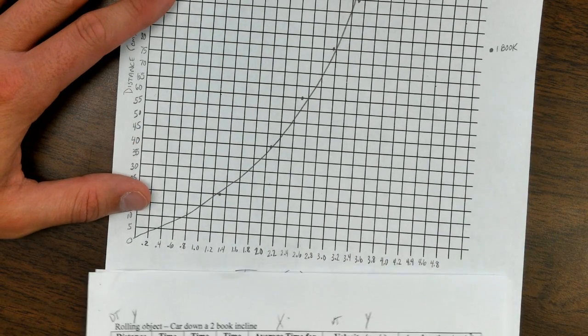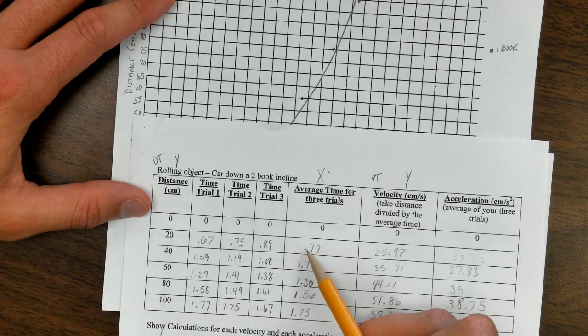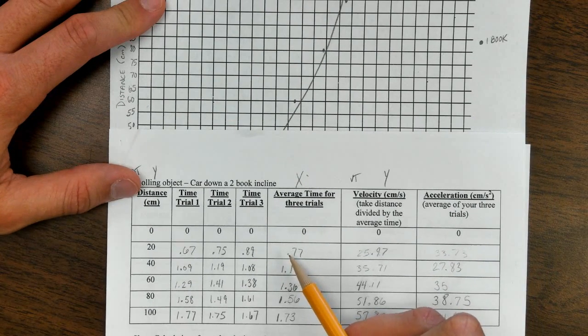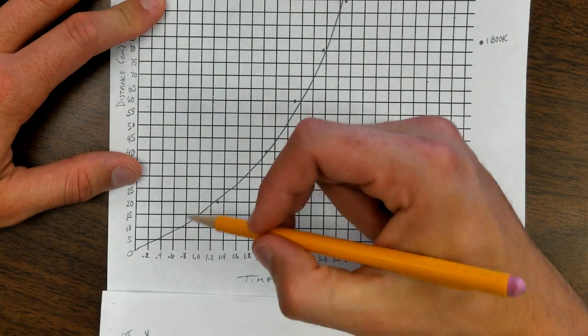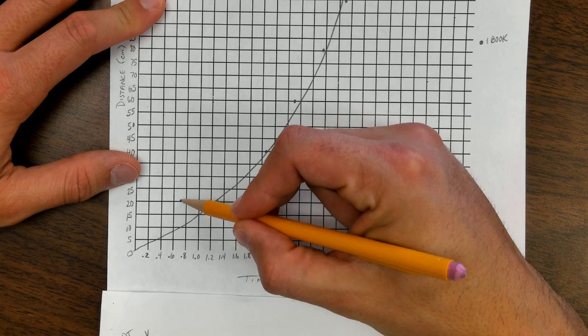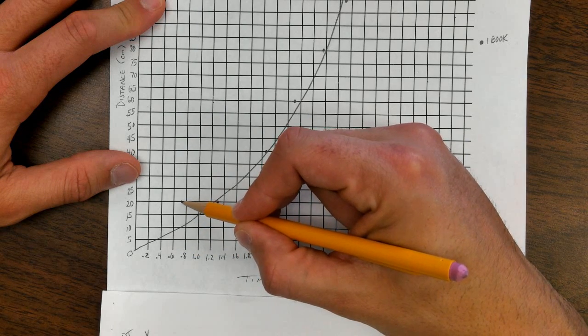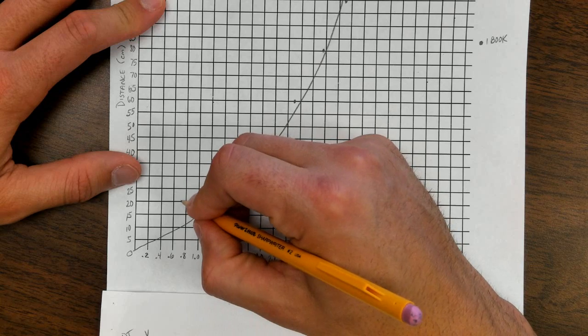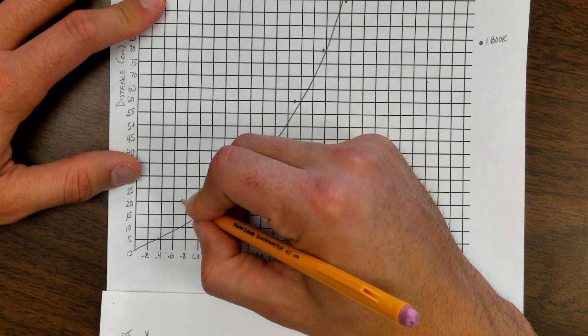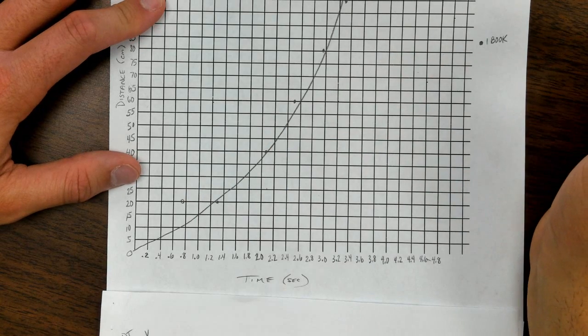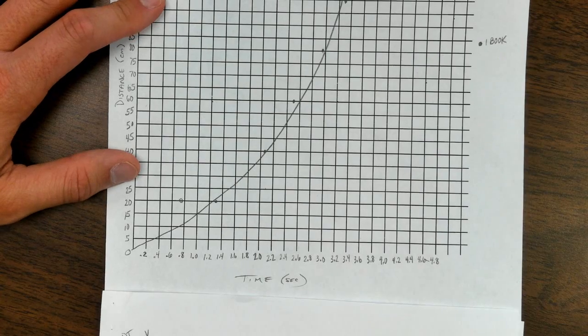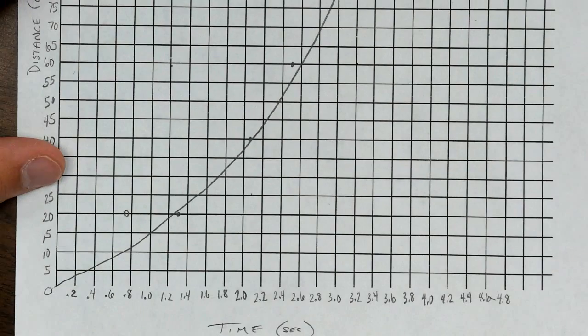So first data point, I'm at 0.77 and 20. It's 0.77, almost right at the 0.8. Make a little open dot here. This may be a little hard to see here, but doing it in person, you'll be able to tell the difference.